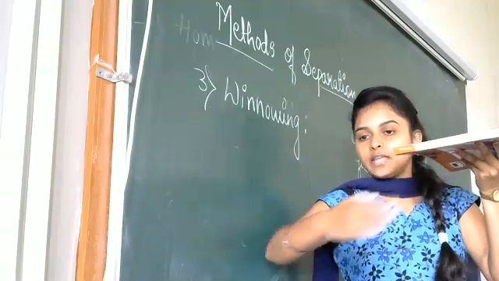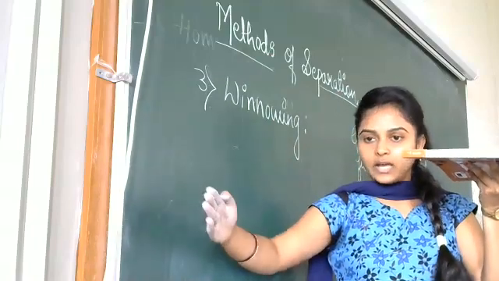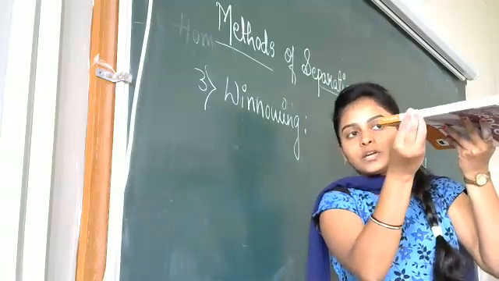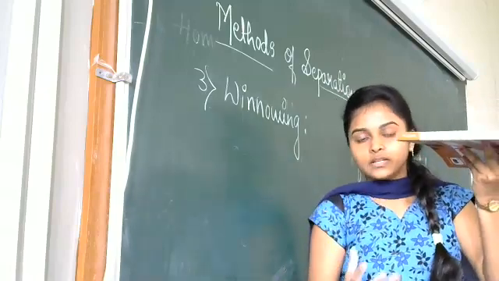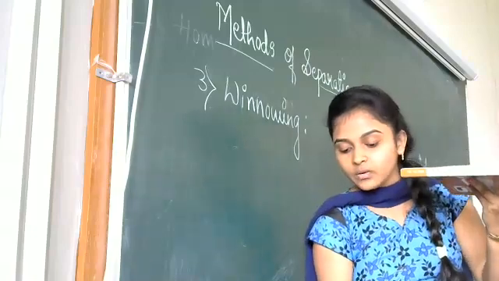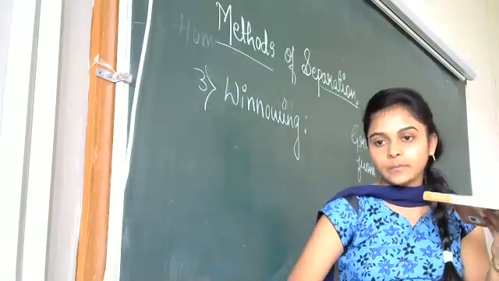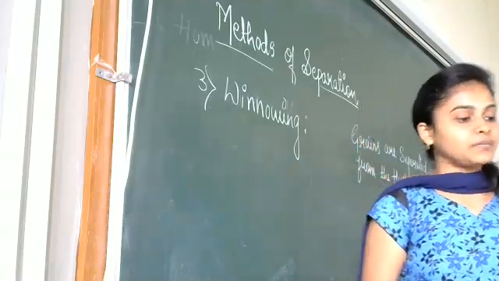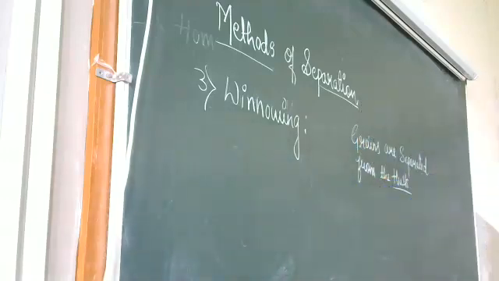They blow away with the air the husk which is not needed, and the food grains which we actually want fall down and form a heap. In this way we can separate food grains from the husk.